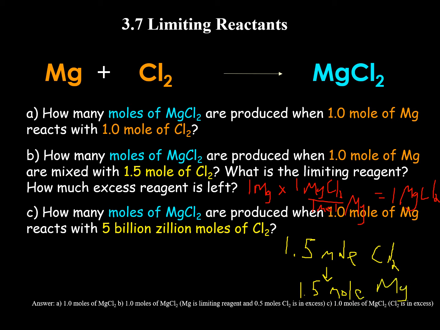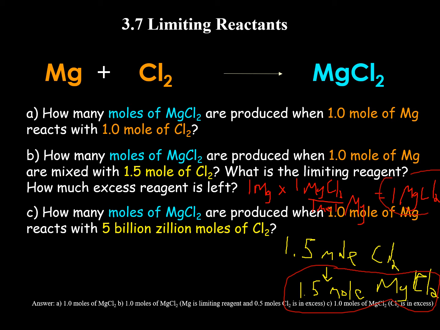So we have to calculate both reactants, and once we come up with the answer for both cases, we compare: 1 mole of MgCl2 versus 1.5 moles of MgCl2. The maximum amount of MgCl2 that we can make is 1.